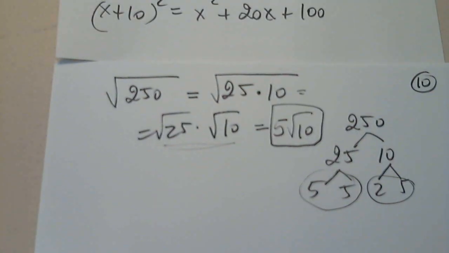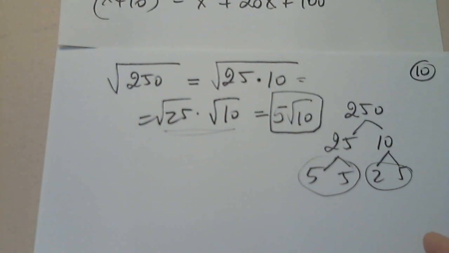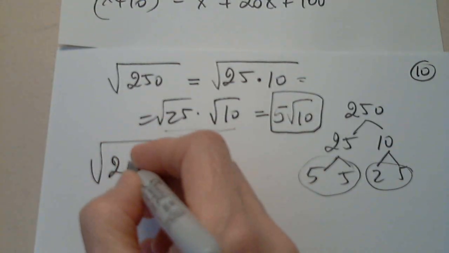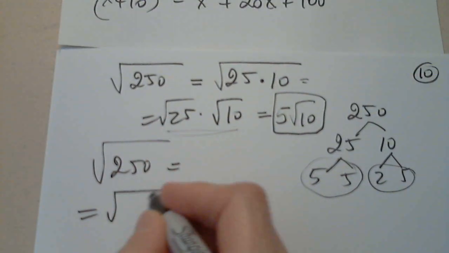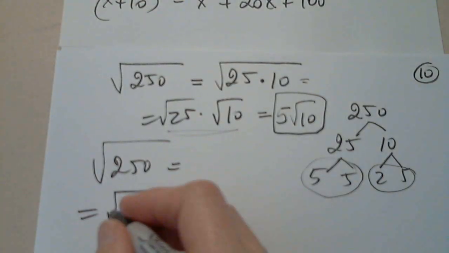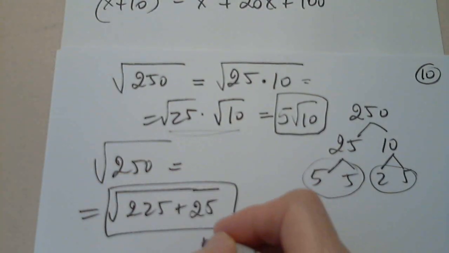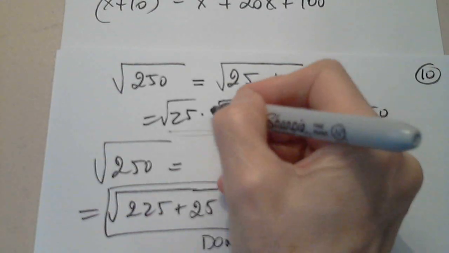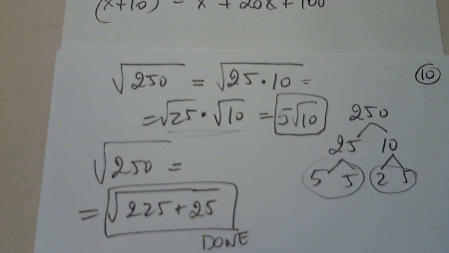Couldn't you have done 225 and then 25? So they're both perfect squares? So you want the square root of 250 to be the square root of 225 plus 25? Yeah. This is done. I can never split a sum or a difference. I can only split a product or a ratio.